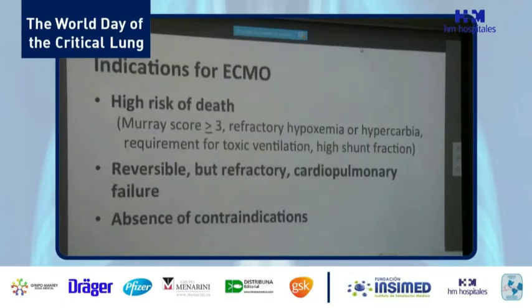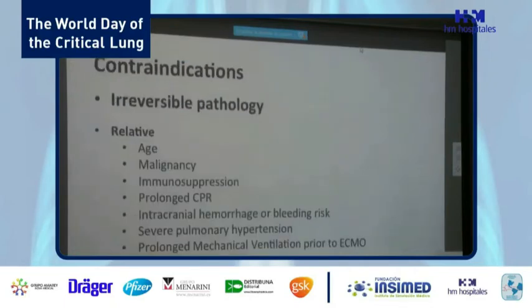So the indications are not firm, but in general, for patients with a high risk of death, you can use the Murray Lung Injury Score. For patients who are refractory, you can use the criteria that are used in EOLIA. There are specific hypoxemia targets. Patients should have reversible or refractory cardiopulmonary failure, and they shouldn't have any contraindications, which would include things that are irreversible.